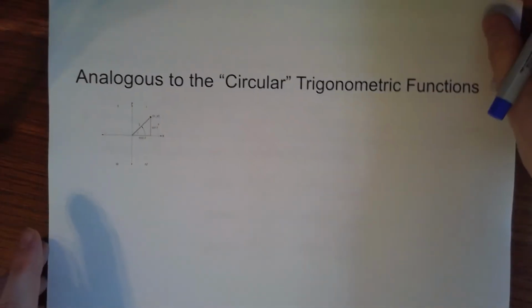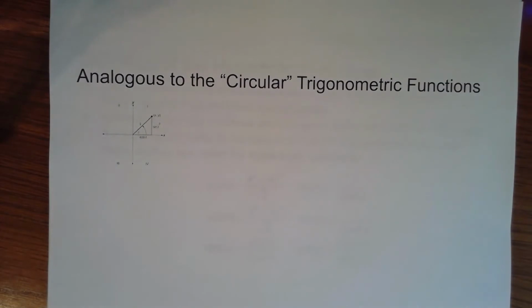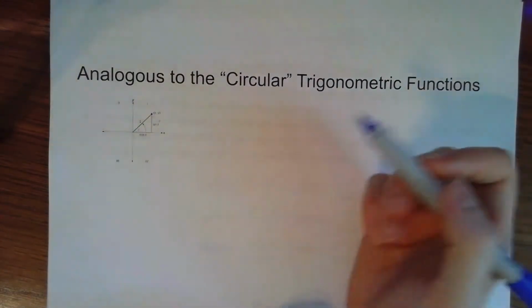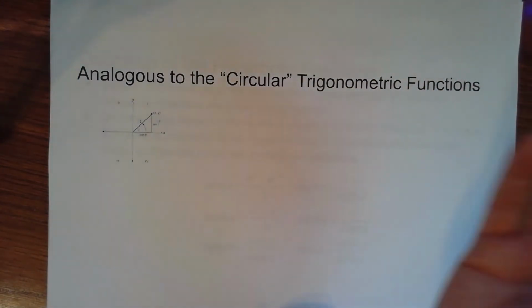If we think about the trig functions, sometimes we call them the circular trigonometric functions to differentiate them from the hyperbolic trigonometric functions that we're looking at now. So we know from trigonometry and even from the work that we've done in algebra that the unit circle is closely related to the trigonometric functions.